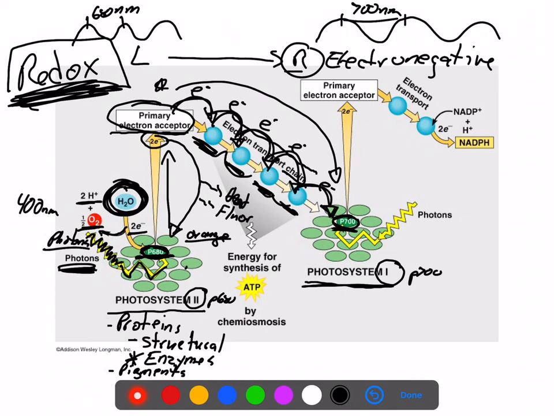Why? To allow redox to take over from there. Boom, boom, boom, boom, the electron moves around. So light is just energizing the electron, making it easier for redox to take place. And redox is going to go from left to right because electronegativity is increasing from left to right. In other words, this guy is more electronegative than that guy. So it's sort of like a vacuum, just sucking the electron from left to right.